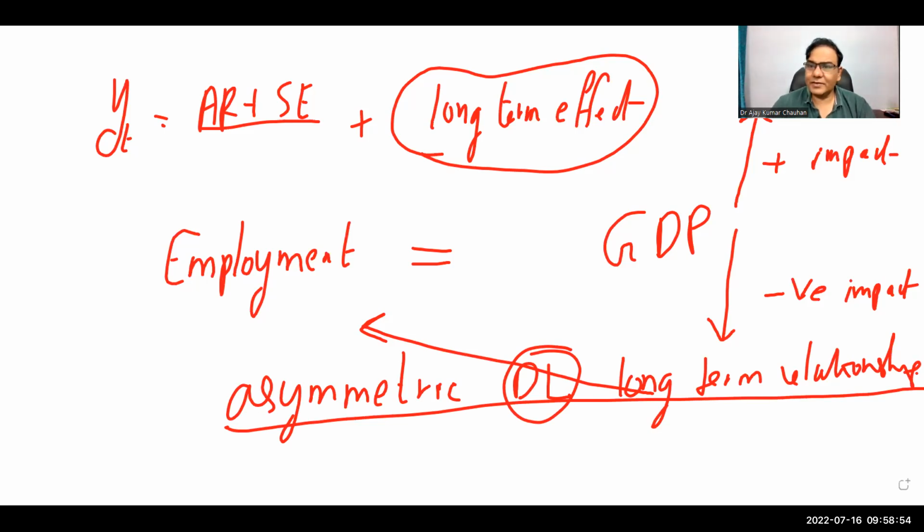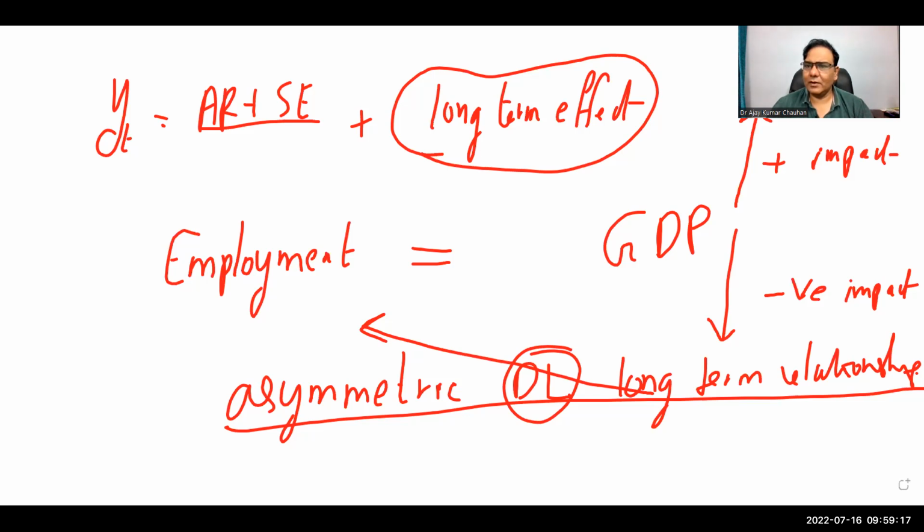In most of the cases, researchers assume that the effect of X on Y is not same when X is moving up and when X is going down. So in ARDL model, this is called non-linear ARDL model.